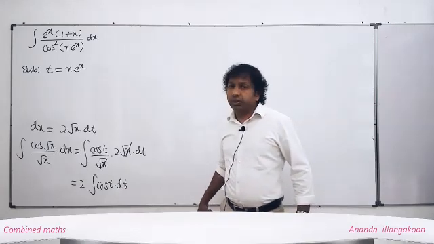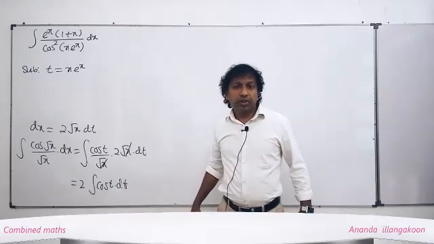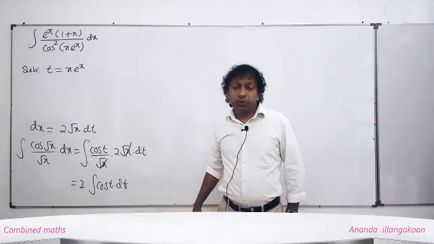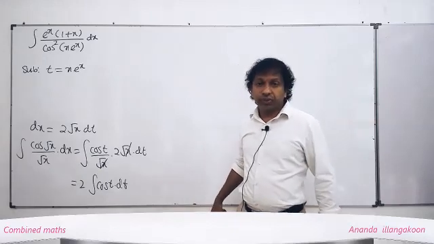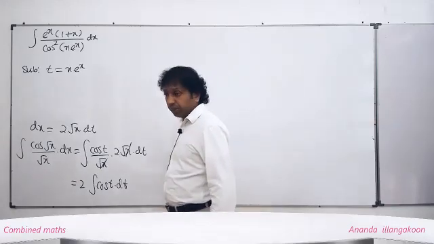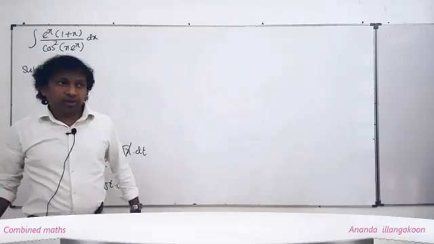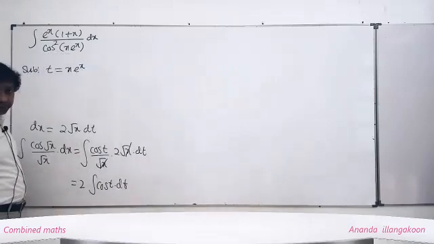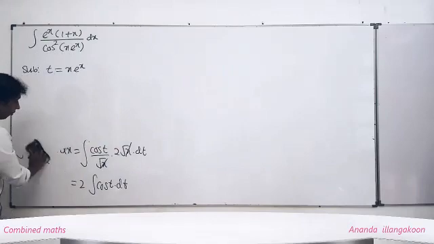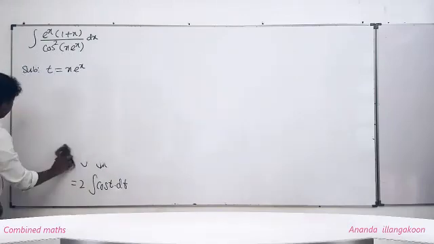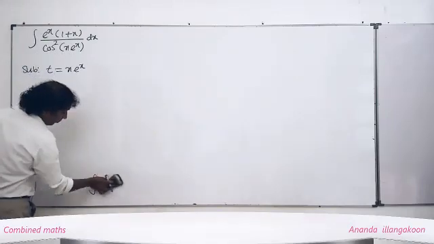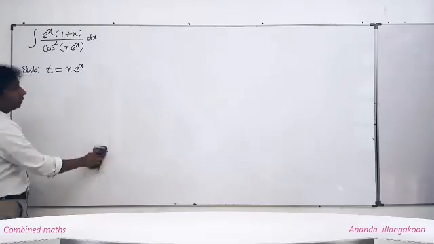By doing 10-15 questions, people, automatically you can determine the suitable substitution to use. So that is why we must do some sums under this. Right, now take t equals x e^x and see what happens here.